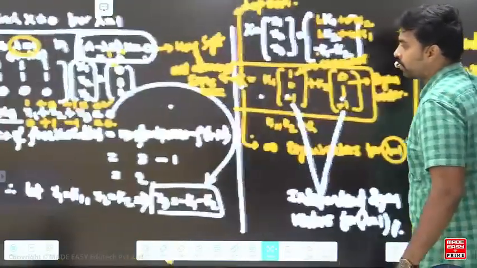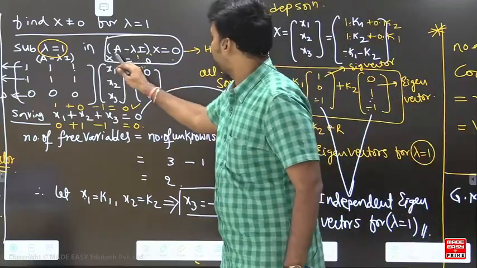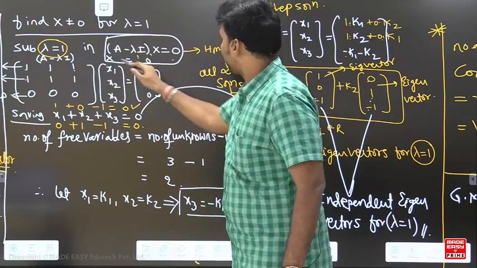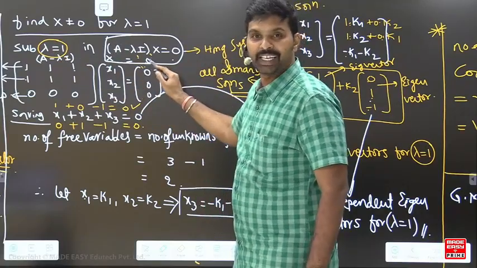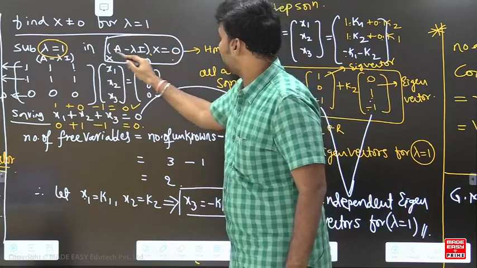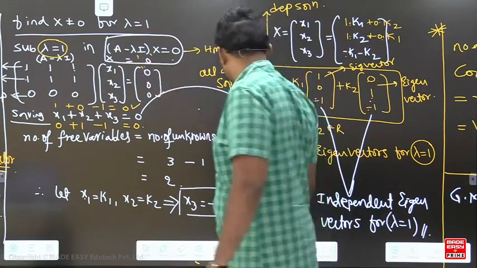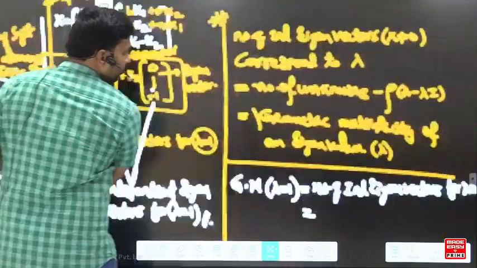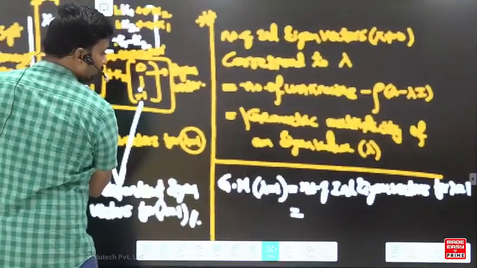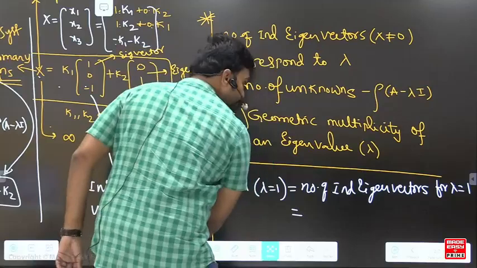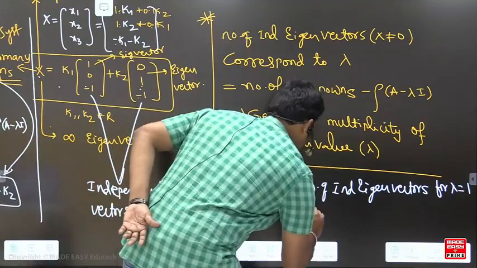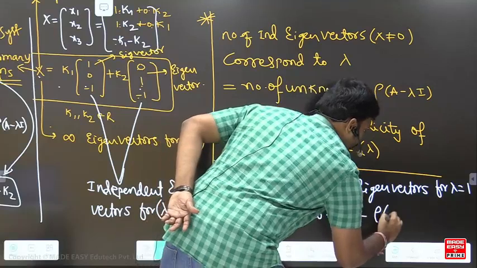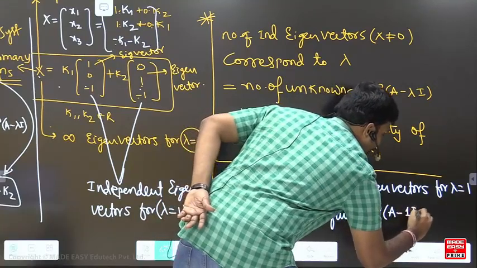What is the coefficient matrix here? The coefficient matrix is A minus lambda I, where lambda is equal to 1. So for this homogeneous system, the nullity is the number of unknowns minus rank of A minus lambda I. So the same thing I am using here. So that is given by number of unknowns minus rank of A minus 1I.